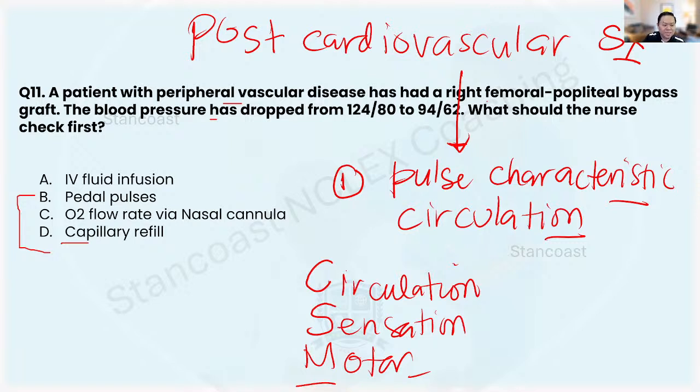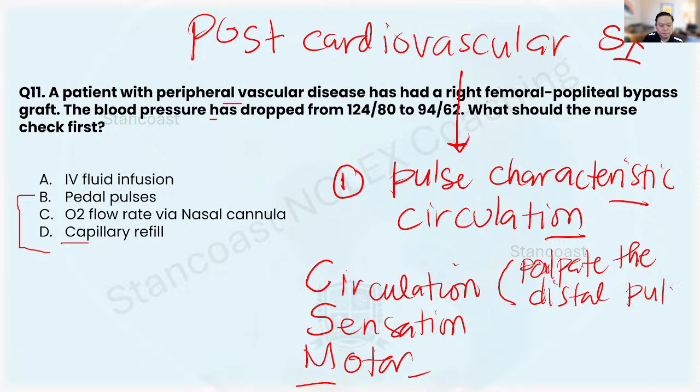So what are we going to do here, especially when we are checking for the pulse? What you can do is palpate the distal pulse. So since the scenario said femoral popliteal bypass, okay, let me highlight that instead.